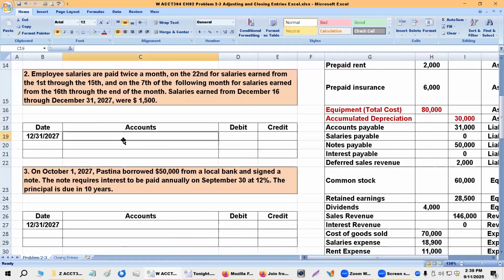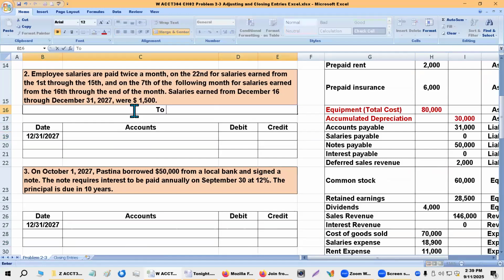Now notice, we are not paying them on December 31st. We're not going to pay them until the 7th of January. Let me write that in here. $2028.